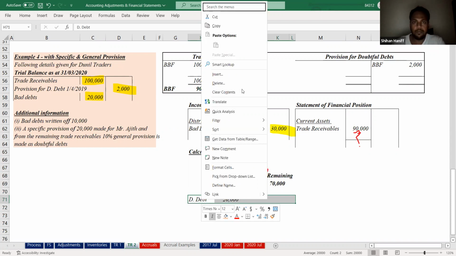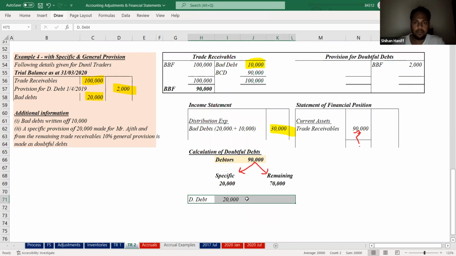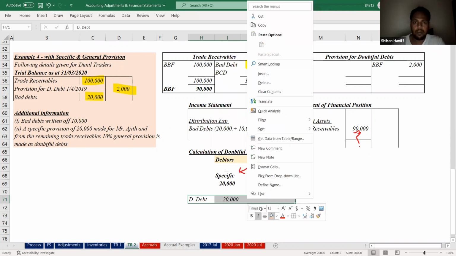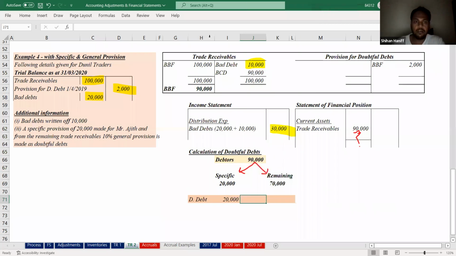From this 20,000, specific means entire 20,000 will be considered as doubtful debt. Okay, 20,000 made for Mr. Ajit. This specific means Mr. Ajit, right?